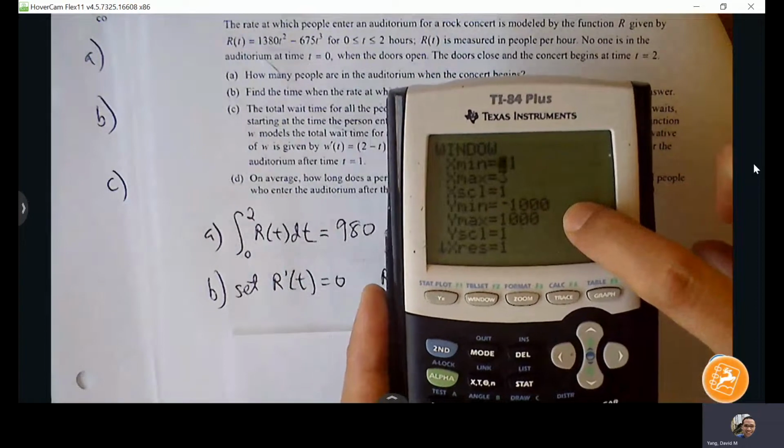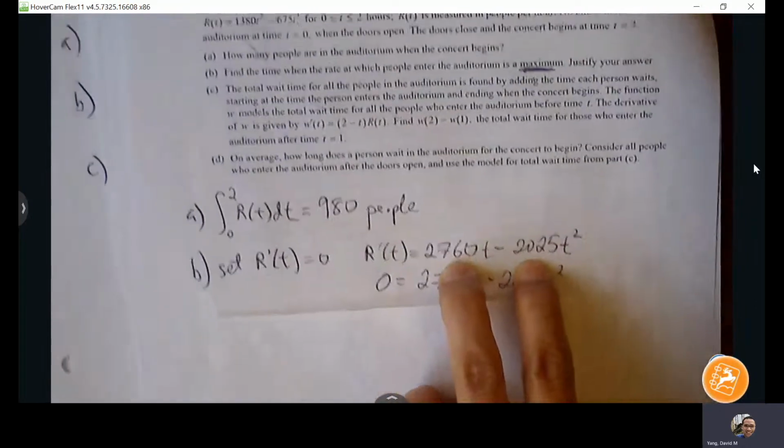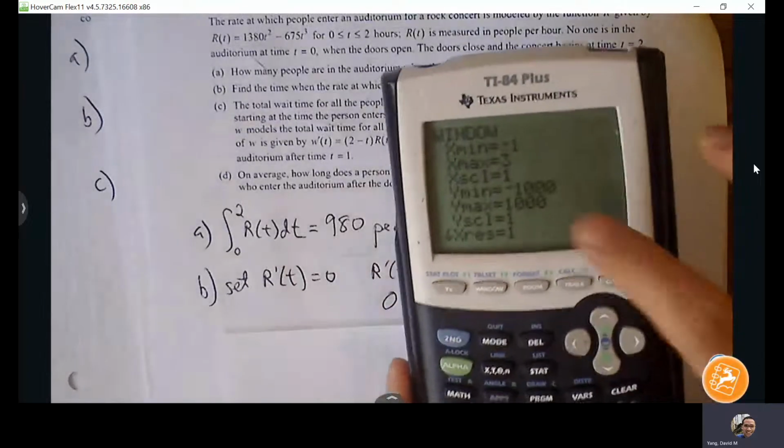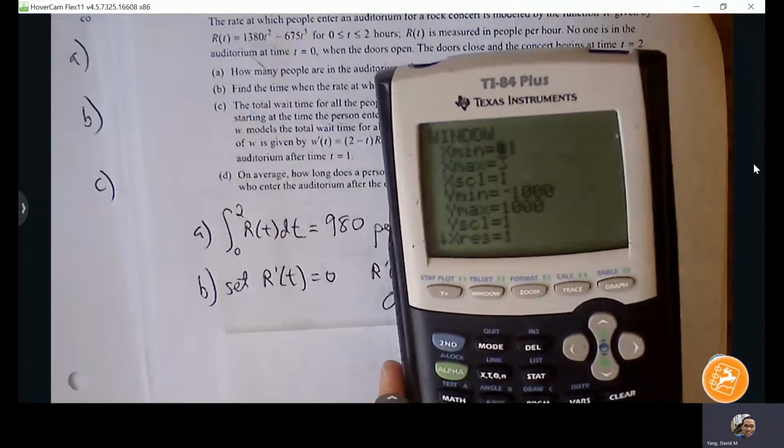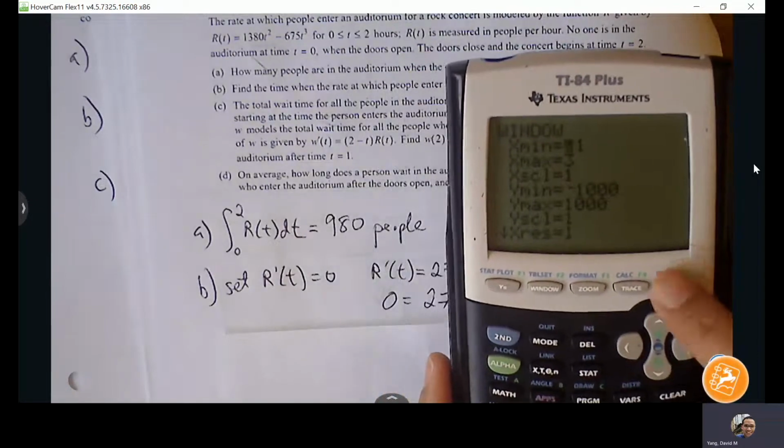The reason I set such high numbers for Ymin and Ymax is because my values are in the thousands. Otherwise, if Ymin and Ymax are just -10 and 10, it's going to look like a straight line because you're zoomed in too far.